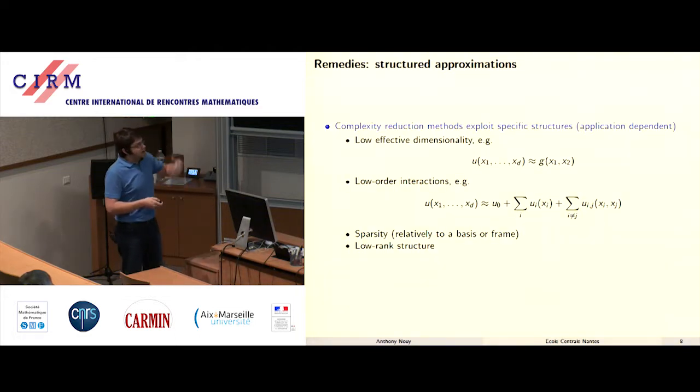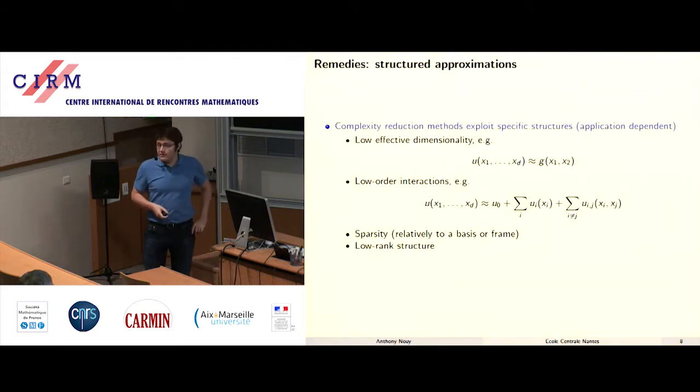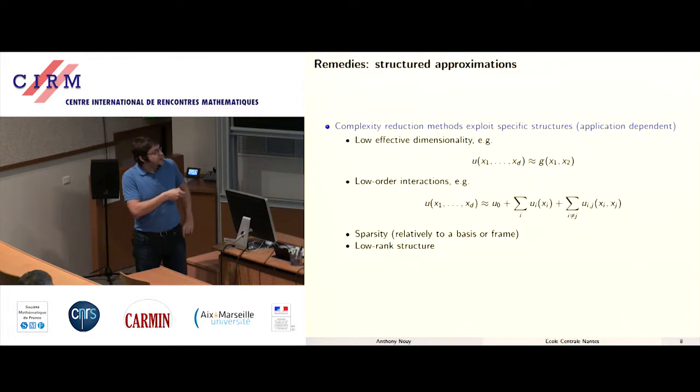And so you will have to detect this low effective dimensionality. Then low-order interactions, where basically you try to approximate your function by a sum of low-dimensional functions. It's a typical structure of approximation that is used in practice.